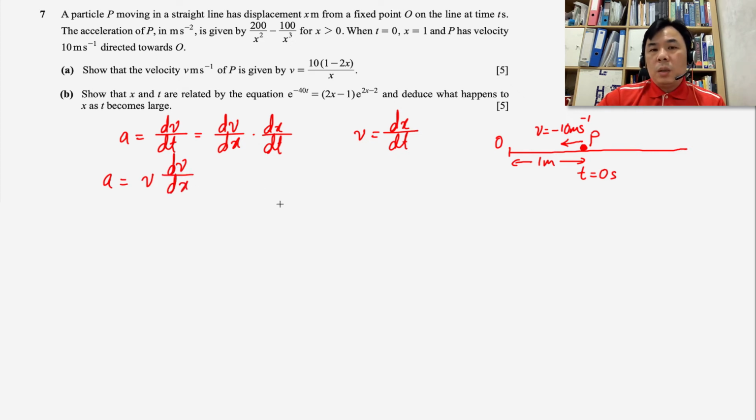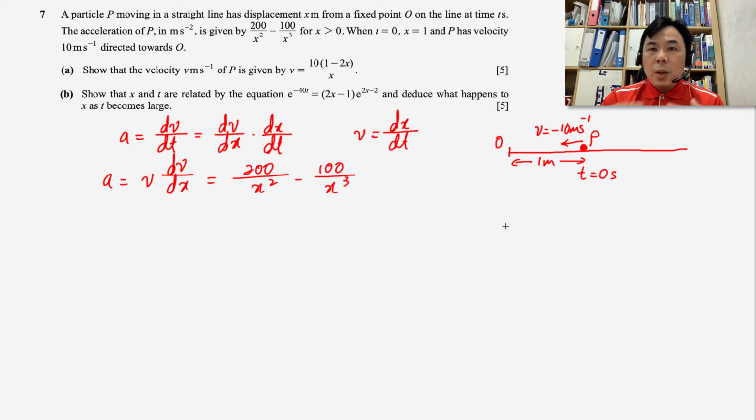You must be wondering, why am I doing so? I'm doing so because I need to find the relation between the velocity and the displacement. Therefore, I can't use time here. For this equation, there is no time involved. Therefore, using dv/dt may not yield the result that I want. That's why I have chosen v dv/dx here. This is given as 200 over x squared minus 100 over x cubed.